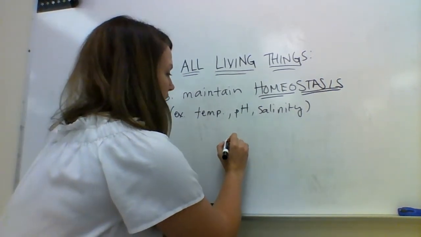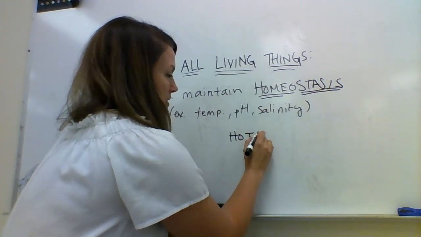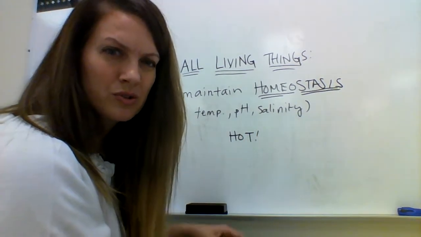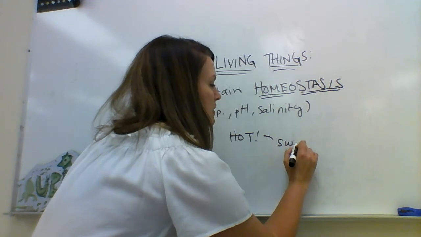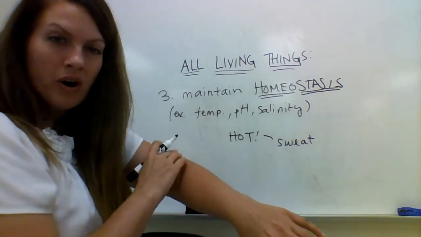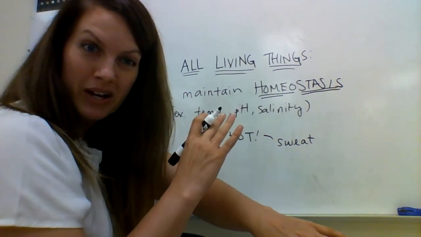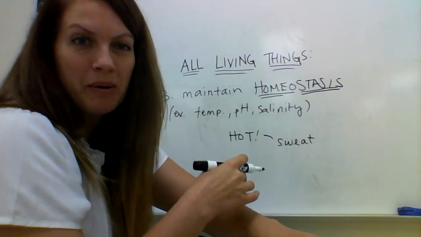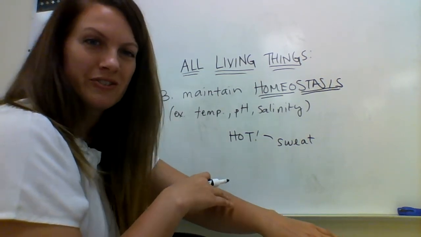If we start to get hot, we start to sweat. Water on the surface of our skin evaporates, and that causes what's called evaporative cooling. That cools the surface of our skin.